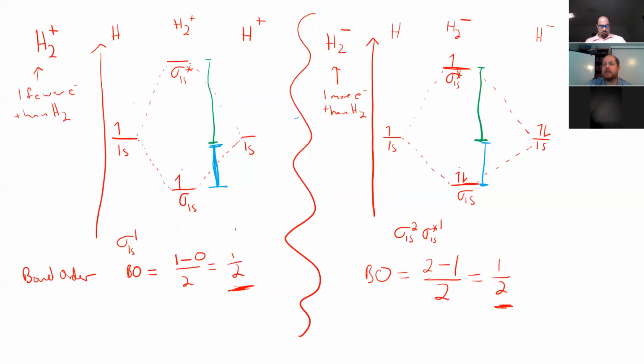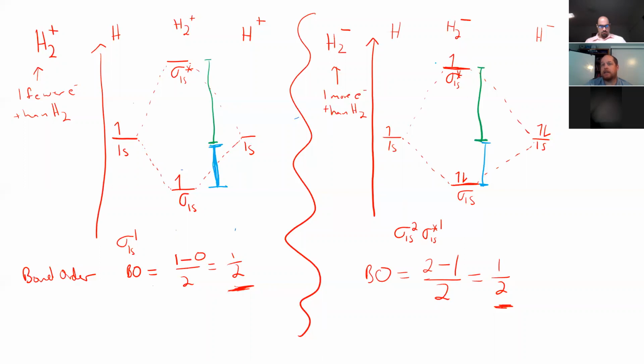Essentially, if you consider that the one stabilized electron in H2 plus is similar to having a stabilized electron in H2 minus, except now you have another stabilized electron and a destabilized electron. If the stabilization and destabilization energies were the same, then they would be the same energy bond, but they're not.